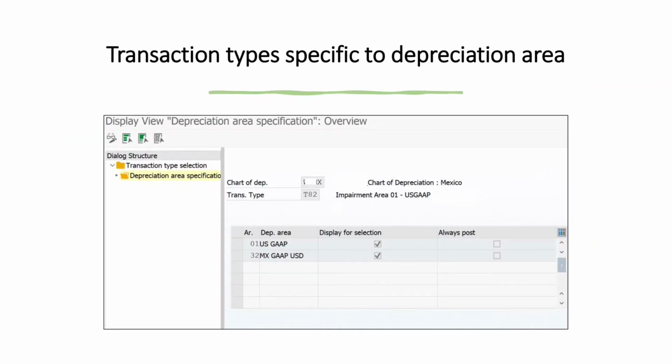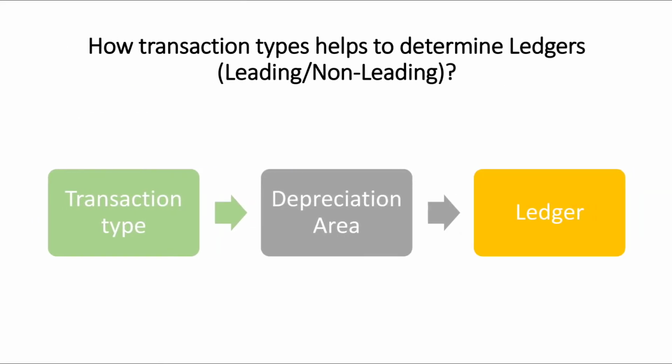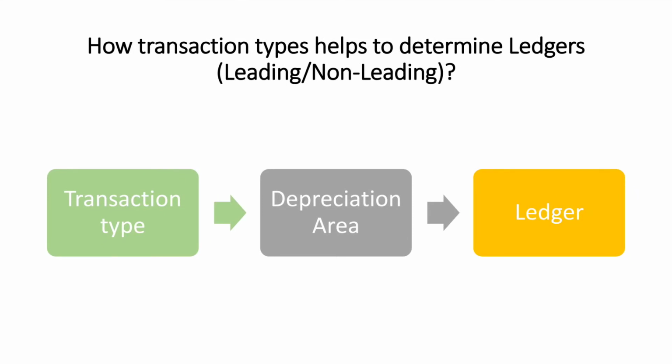Now, apart from these features, one of the most widely used features of transaction type is its ability to restrict documents to depreciation area level. This can be configured in transaction code OAYA. Let's spend a few seconds to understand why it is important to restrict some of the postings to a specific depreciation area.